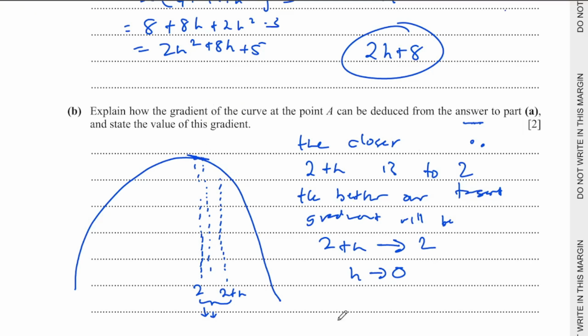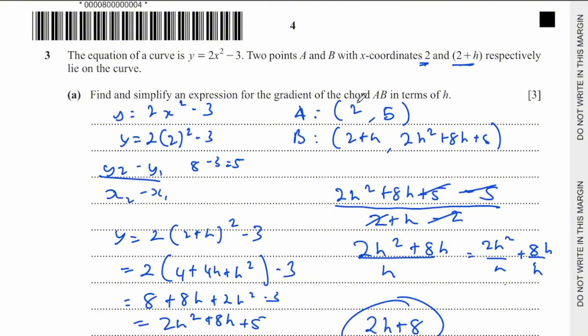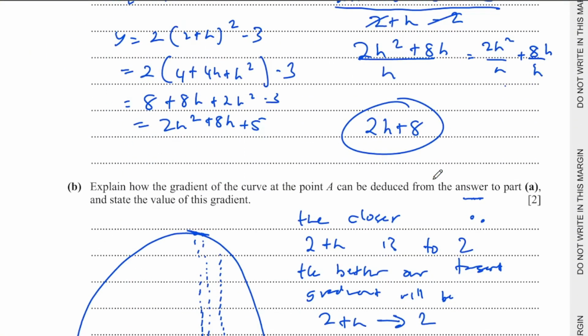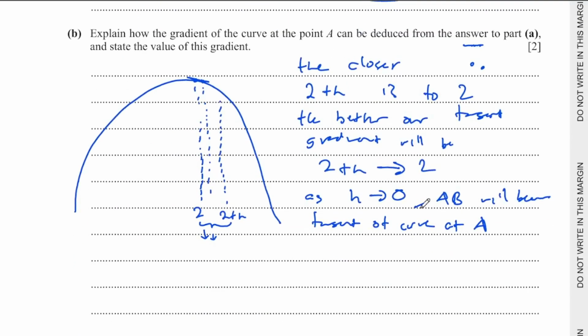And so as h approaches 0, AB will become the tangent of the curve at A, because it gets extremely close to the point (2, 5) at A, and we would get the line that just touches (2, 5), and so we would get the gradient at that point.